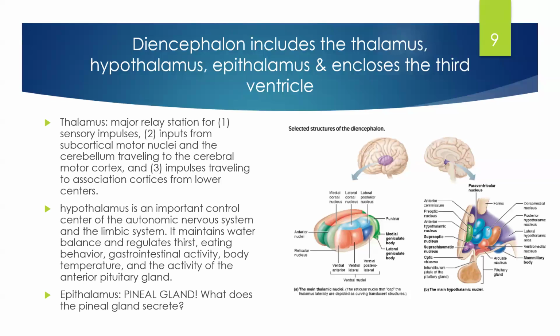So if they were to ask which gland is found in the epithalamus, pineal gland, what does it do? Secretes melatonin. I think that's really what you need to know. Again, big thing to know, hypothalamus maintains homeostasis for your body. Hypothalamus, yes.